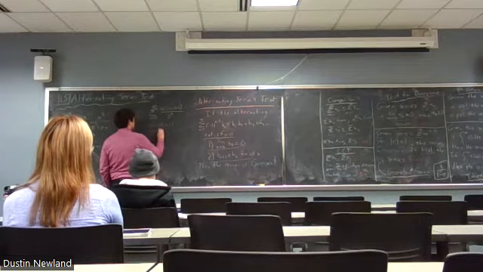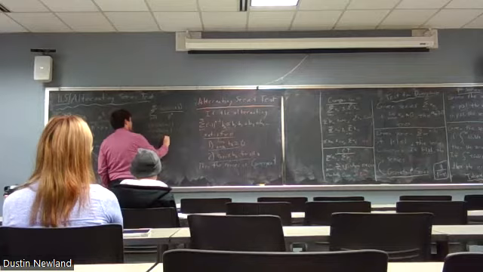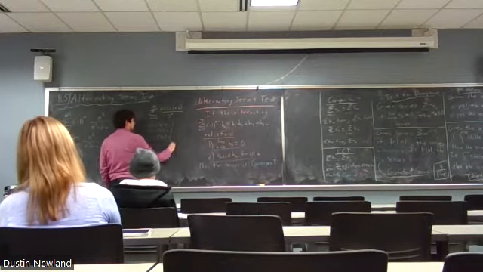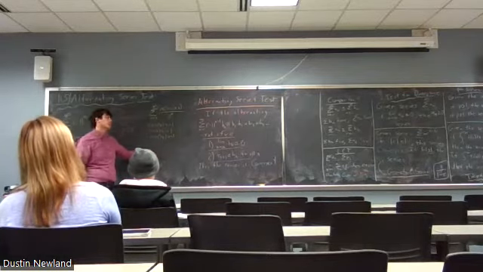What's the cosine of 2 pi? Cosine of 3 pi. 4 pi would be 1, 5 pi would be -1, 6 pi would be 1, 7 pi would be -1.